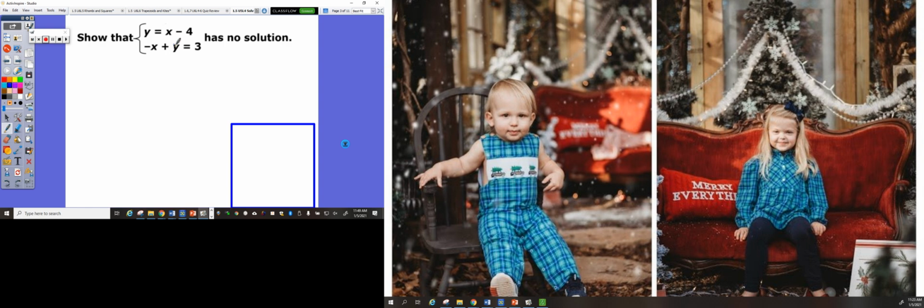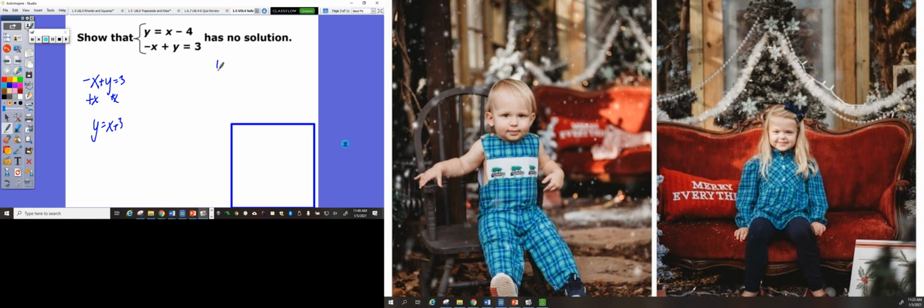So if I look at this right here, we want to see that this has no solution whatsoever. If I put this other equation in slope-intercept form, right now I'm in standard form, so I have negative x plus y equals 3. If I add the x to both sides, then we have y equals x plus 3.